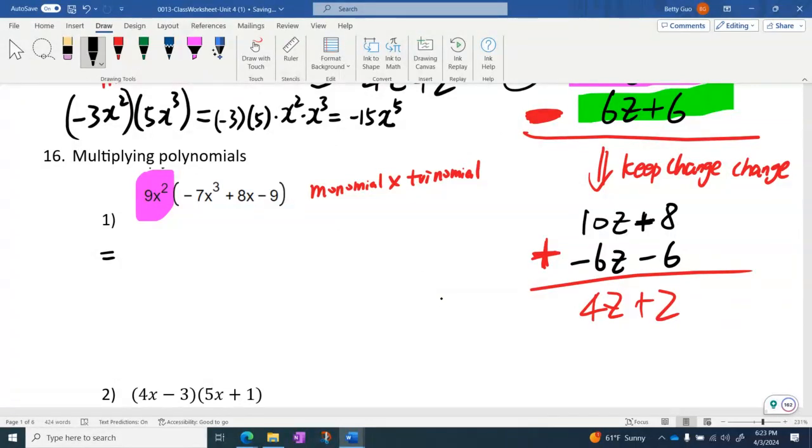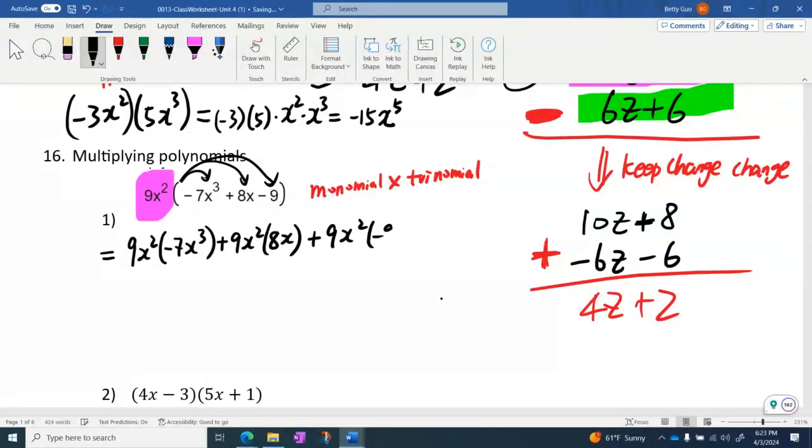In the parentheses, we have a trinomial, so we have 3 terms. We're going to multiply the 9x squared with the first term, plus 9x squared times the second term, plus 9x squared times the third term. So we have 9x squared times -7x cubed plus 9x squared times 8x plus 9x squared times -9. Distributive property.